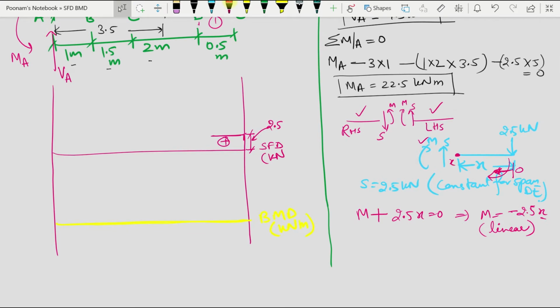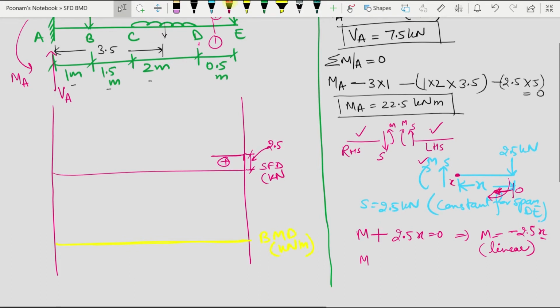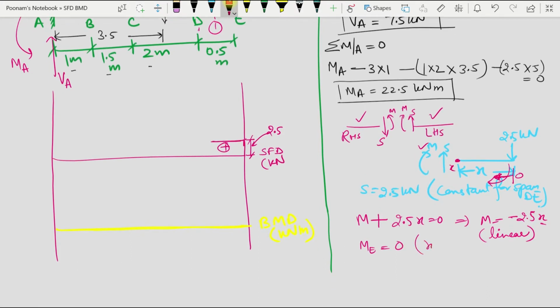So my moment at free end, which is point E, will be 0 as x is equal to 0 from this equation, and moment at point D will be equal to minus 1.25 if I put x is equal to 0.5 meter in this equation. So this is my moment.